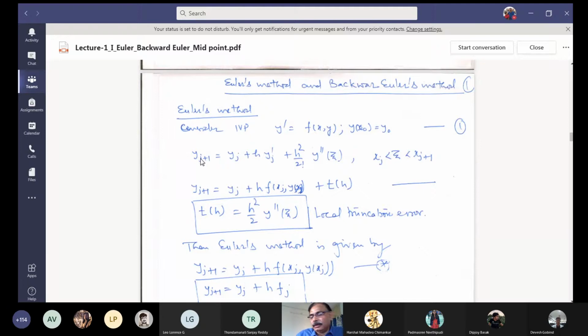So write down the notation: y of x_j plus h is written as y subscript j plus 1. Is that clear? Yes, sir. Okay. Some more notations I am telling.